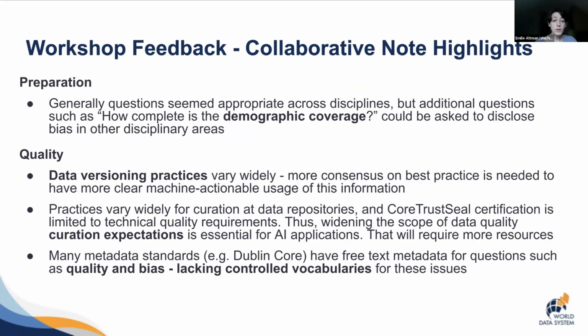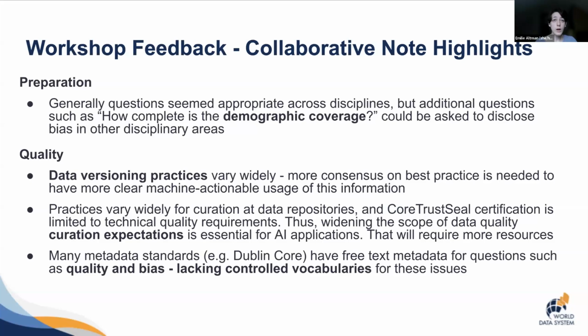Okay, so for quality, this is probably the most challenging of the sections, and most of these are more like considerations and discussion points. So first, data versioning practices vary widely, and so we need to have more consensus on best practices in order to have more clear machine-actionable usage of data versioning information.